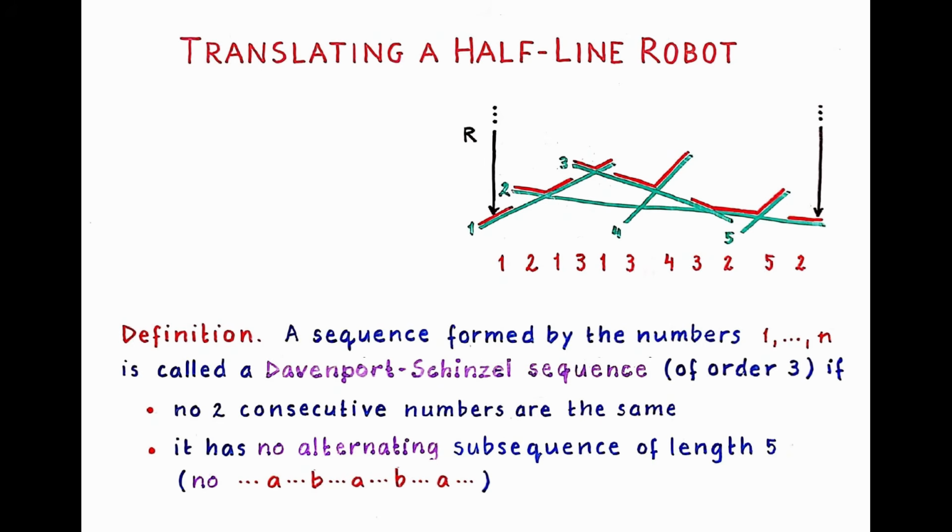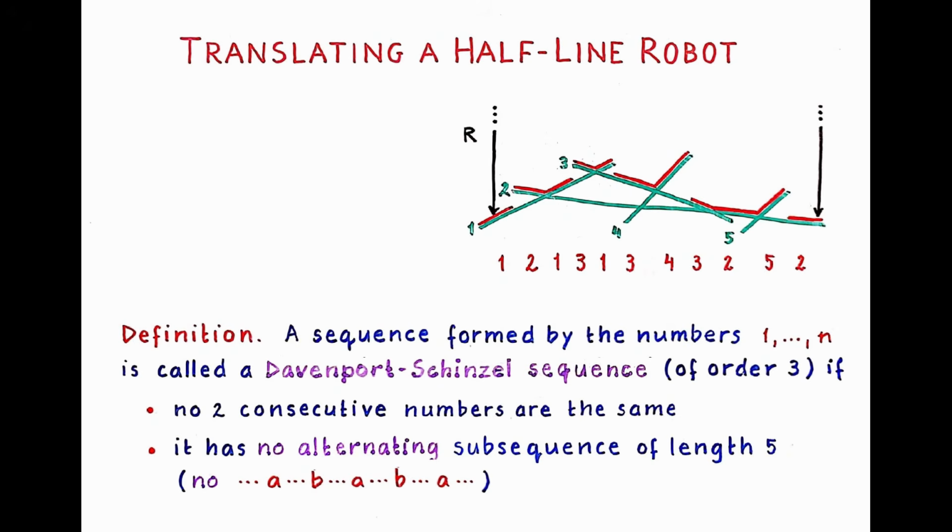But there's no such thing. And this second condition is just a simple consequence of the fact that two segments can intersect only in one point. Actually, Davenport and Schinzel came up with this problem in relation to solutions of differential equations.